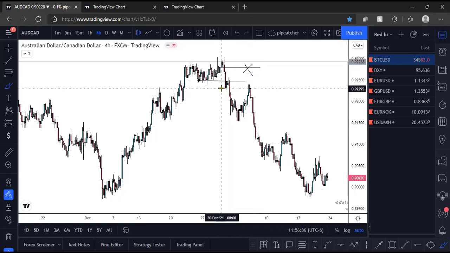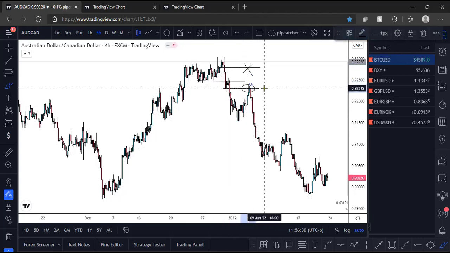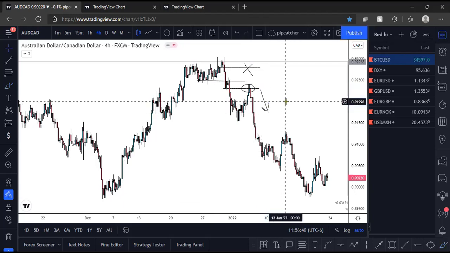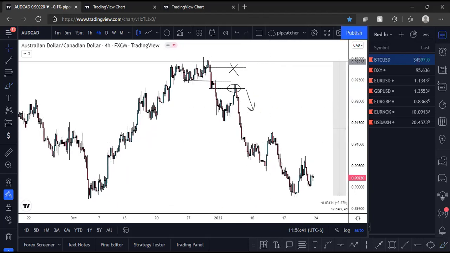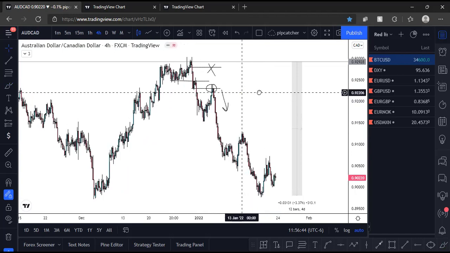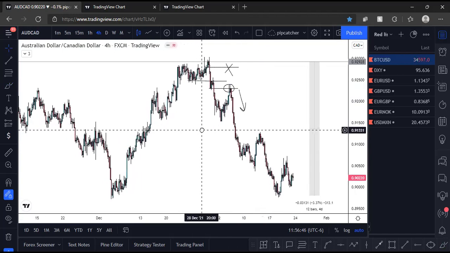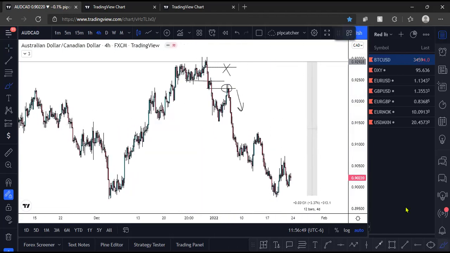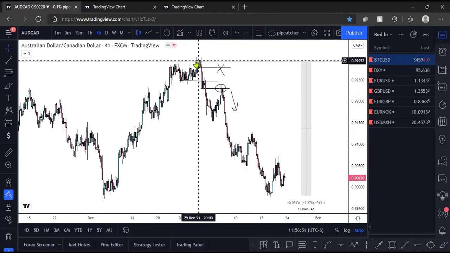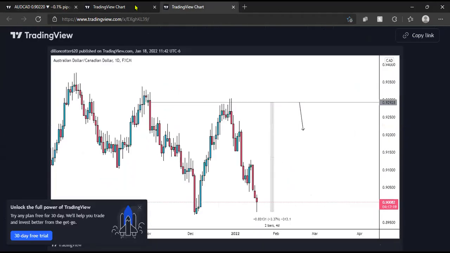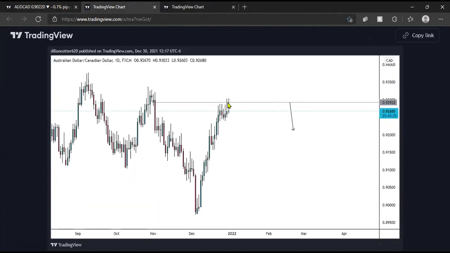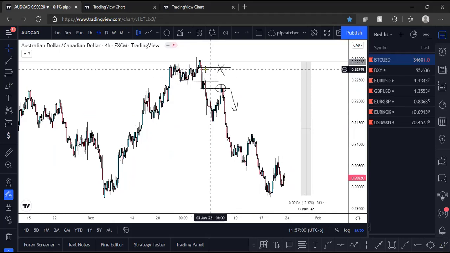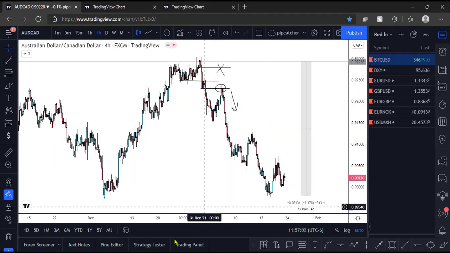So I would be looking here to catch an entry to take this to the downside. So that is a quick little top-down analysis on AUD CAD and how you can catch a higher time frame point of interest and then lower time frame structure.